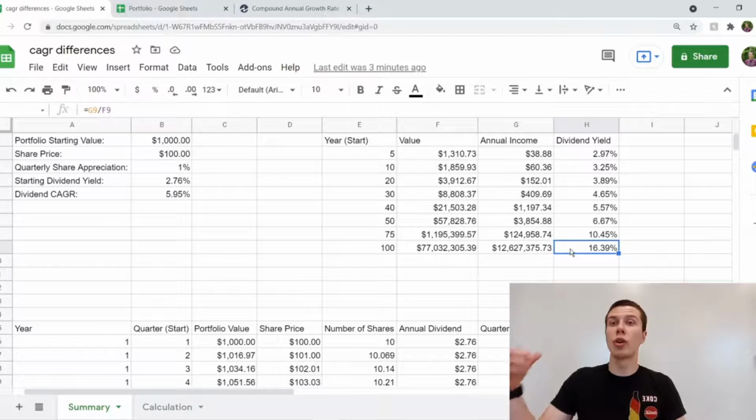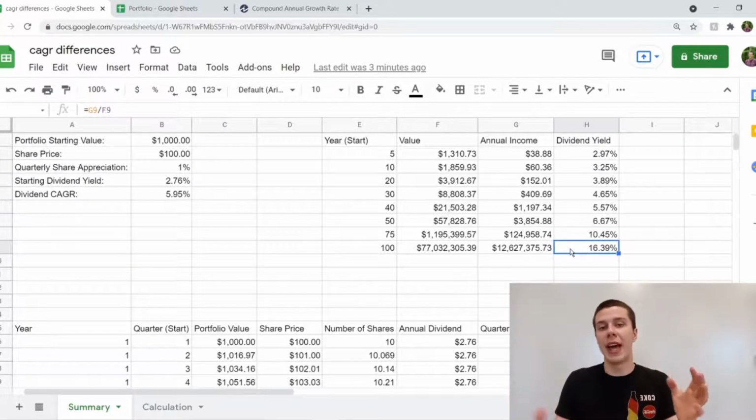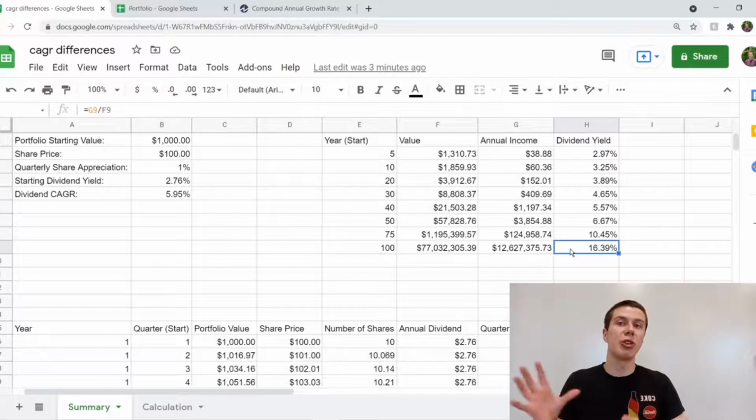And if the earnings were growing as fast as the dividend, then the share price would most likely be increasing a similar amount. So then that dividend yield wouldn't be as skewed. So that's something I'm definitely going to look at in a future video, to try to figure out how to compare those and judge whether that yield is sustainable or that CAGR is sustainable or not.